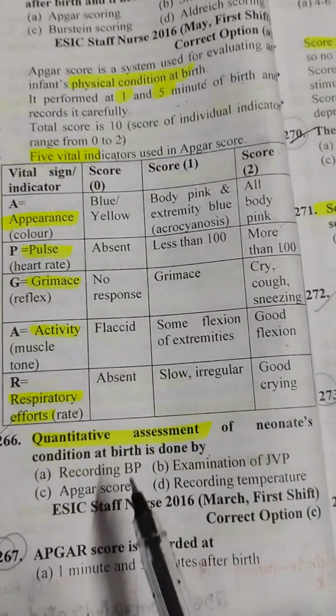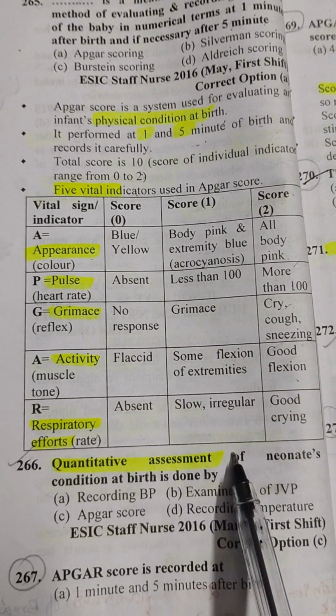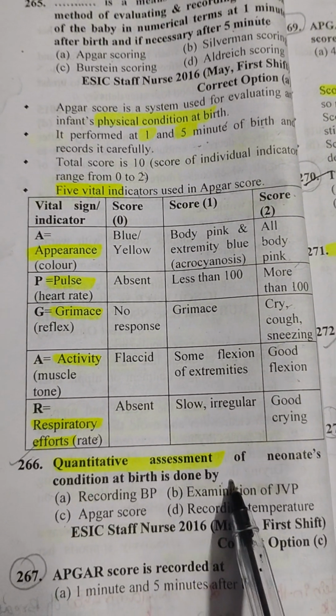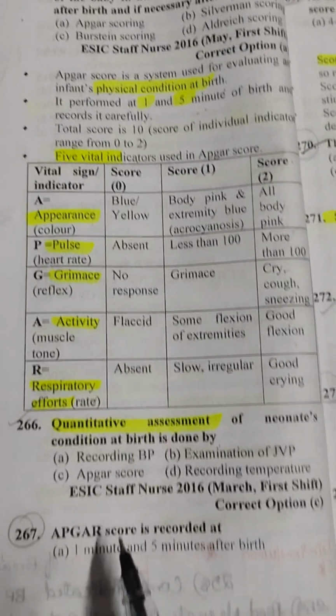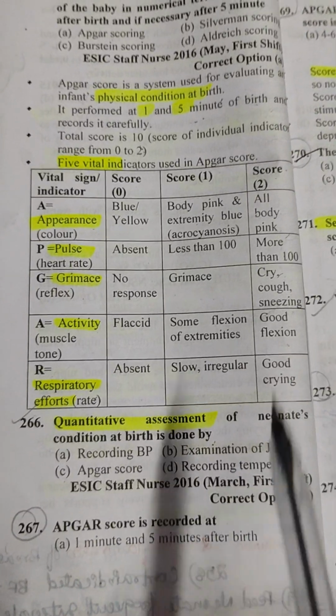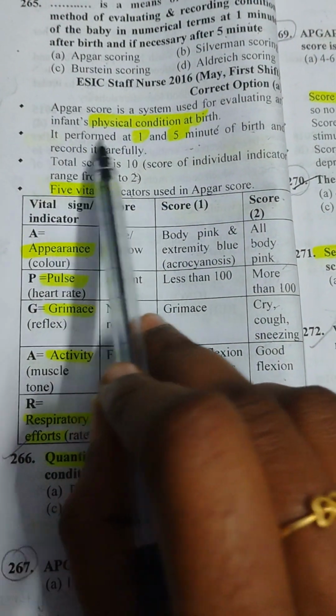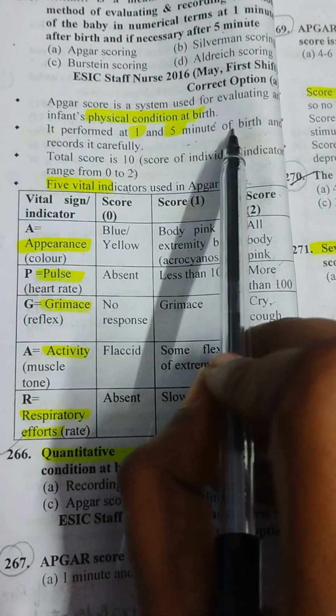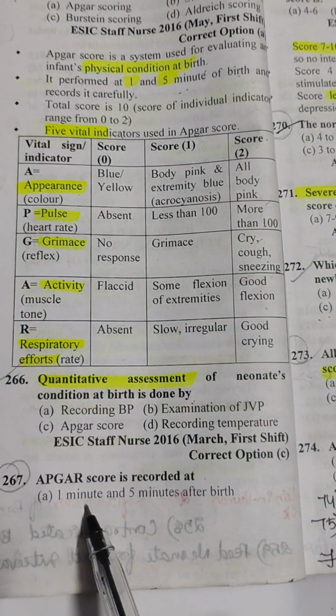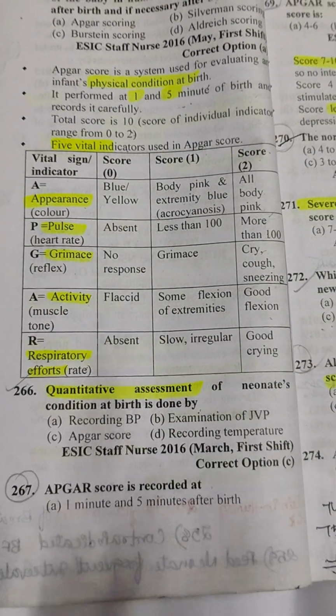The next question: quantitative assessment of neonate condition at birth is done by. The answer is APGAR score. Already we have discussed here, it should be performed at 1 and 5 minutes of birth.